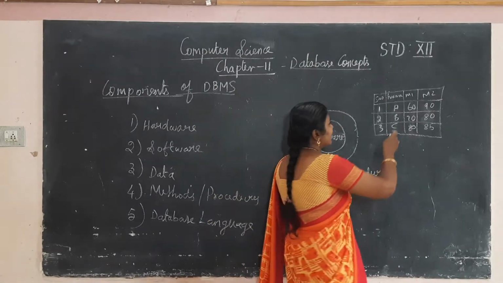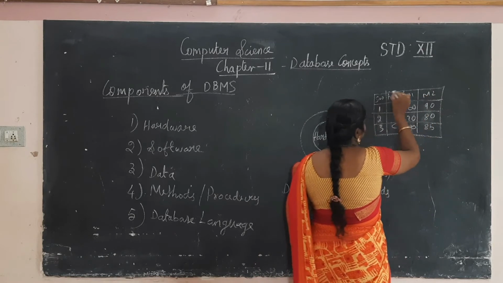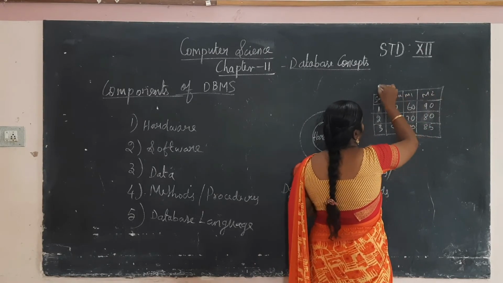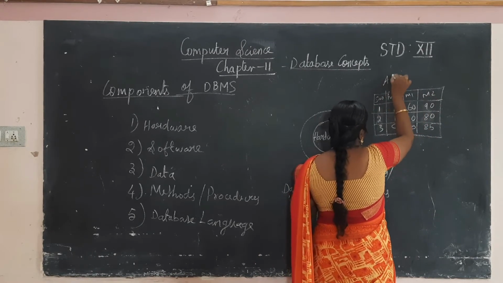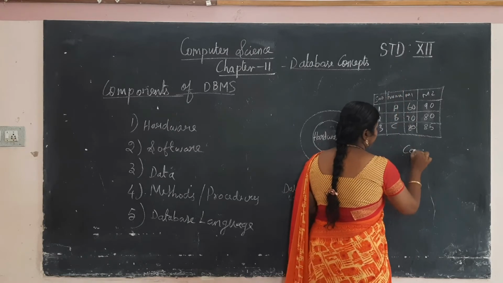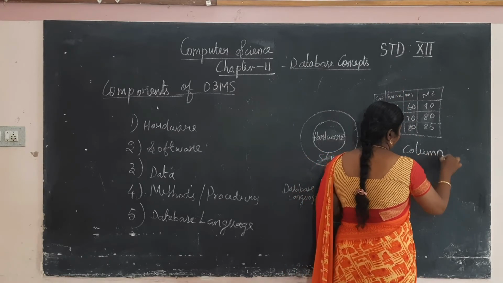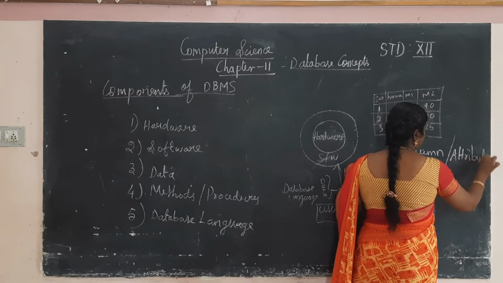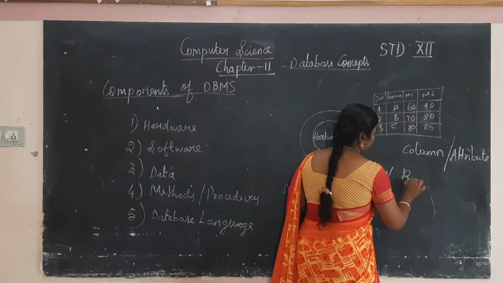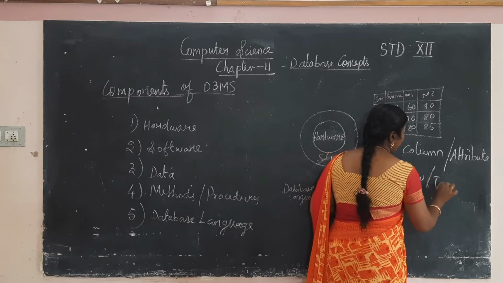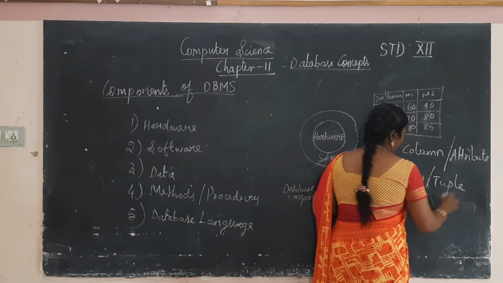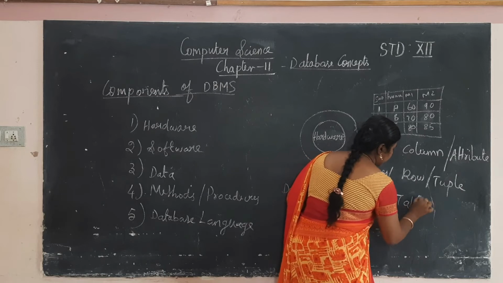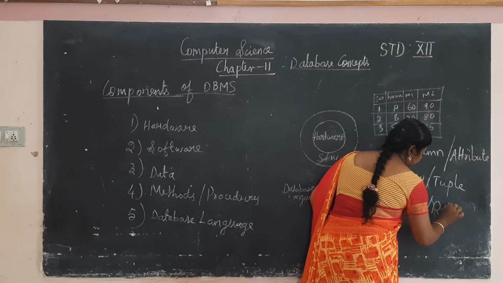Okay. So this one, serial number, name, that is the column, we used to say as attribute. Okay. Column is attribute and row is tuple. Okay, and table is relation.